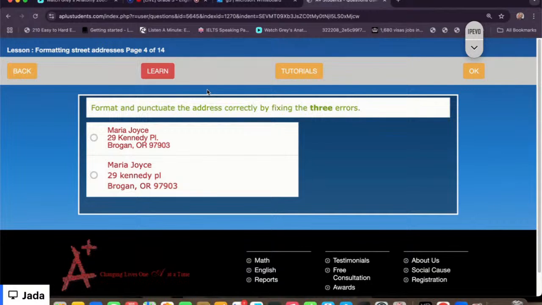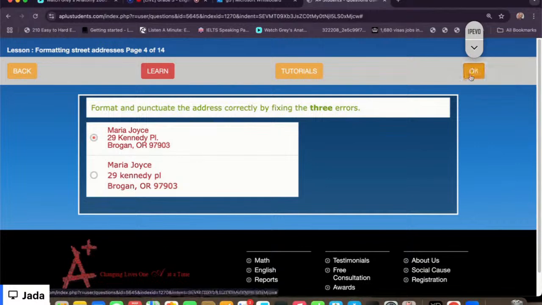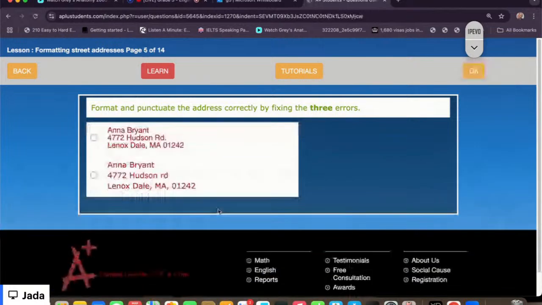Okay, so this is also the first because the second one, the second line is in small letters and you have to make sure you capitalize them. So this is correct. Alright, so look at this one. You have to fix three errors and then you check and you tell me which is the right one here.